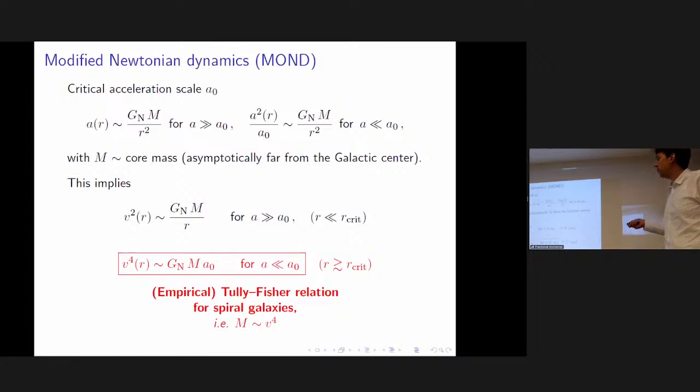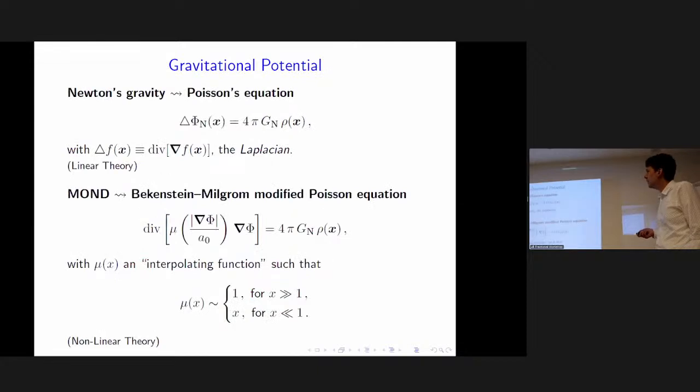And this actually reproduces the empirical Tully-Fisher relation for spiral galaxies that basically relates the intrinsic luminosity of a spiral galaxy with its rotational velocity. Okay, but now, of course, we all know that Newton's gravity can be thought of as a field theory, a classical field theory based on the Poisson equation, which basically leads to a linear theory.